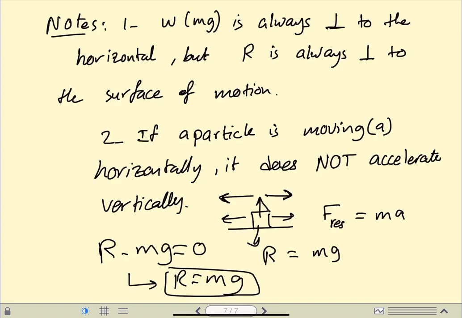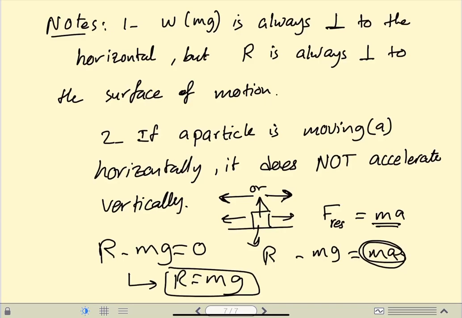We have to make sure that we understand this part well. If the particle is moving in this direction or this direction, it does not accelerate vertically, because some students put both F resultant, that is, resolving forces in the horizontal direction, equals ma, and they put R minus mg equals ma also. This is a mistake. What do you mean by this? Does it make sense? We are studying one-dimensional motion.